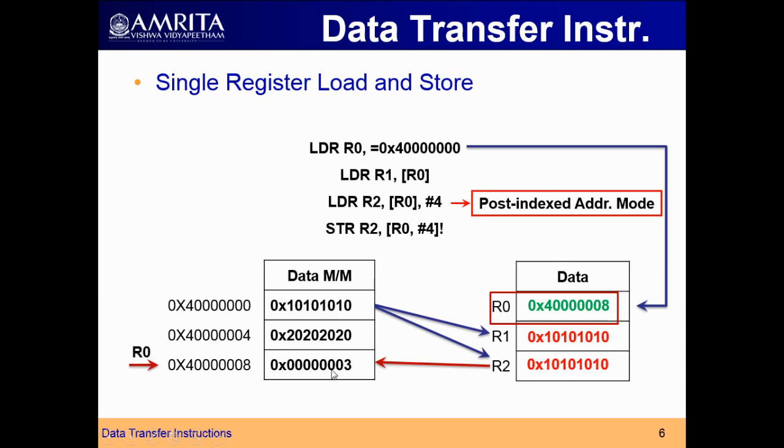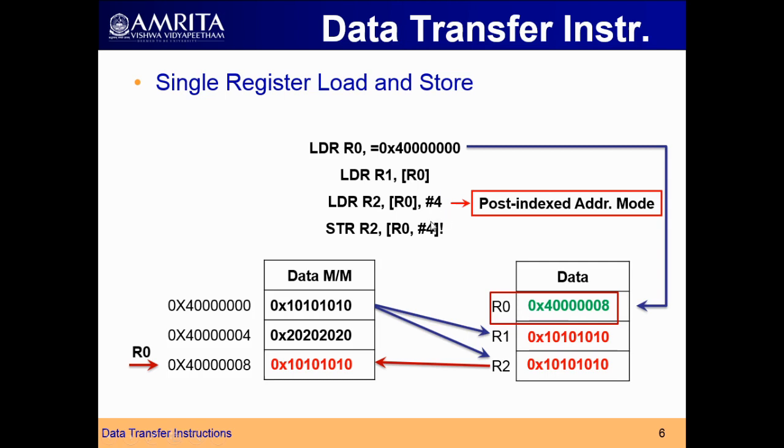So this data will be overwritten by this. Whatever content is present in R2 will be stored onto the address location pointed by R0. So what will be the updated value present in 4008? The same value 10101010, right? So this is how the store operation is performed.